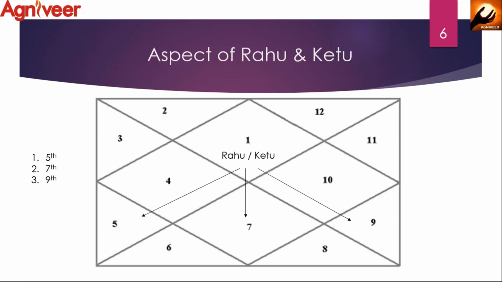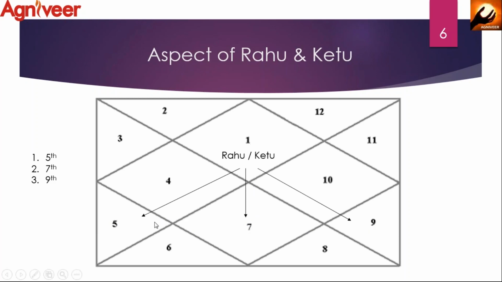Similarly, for Rahu and Ketu, they have the same aspects as Jupiter: fifth, seventh, and ninth. Some astrologers consider that Rahu and Ketu have only the seventh aspect. Some consider that they have all three aspects, that is fifth, seventh, and ninth.